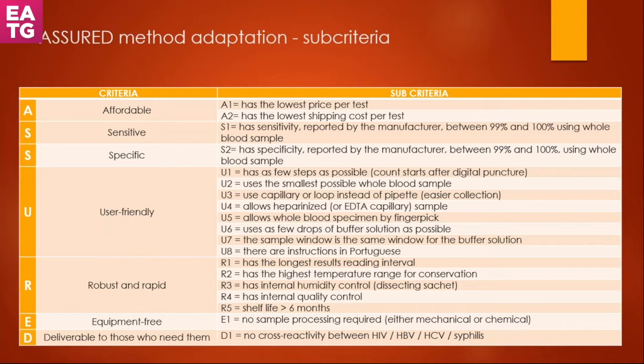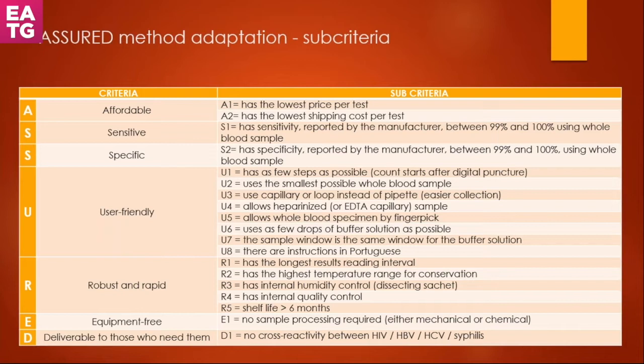But in this ASSURED method, they do not have specific sub-criteria for us to do a comparison. So we looked into the different criteria and what it means for a community health worker or a lay provider to have user-friendly testing, and we transformed that into criteria. We did the same for what robust and rapid mean to us.